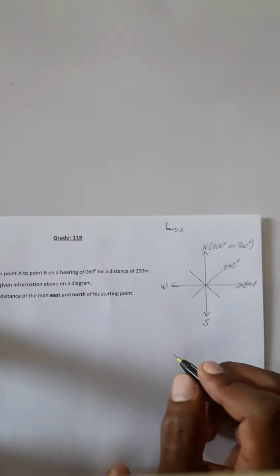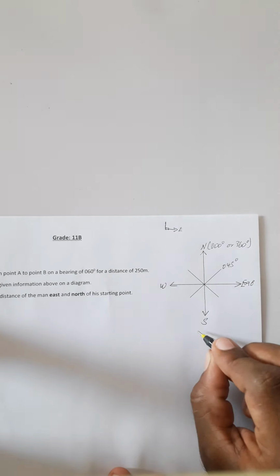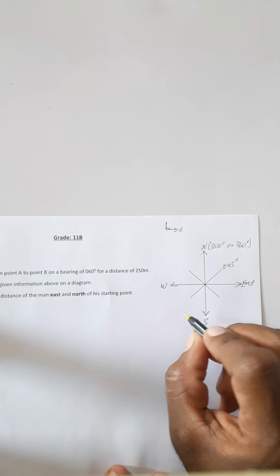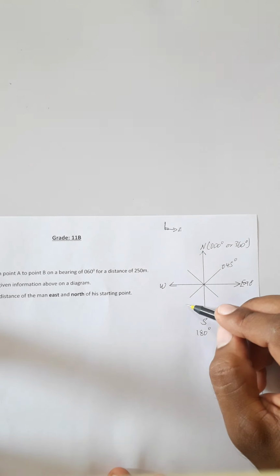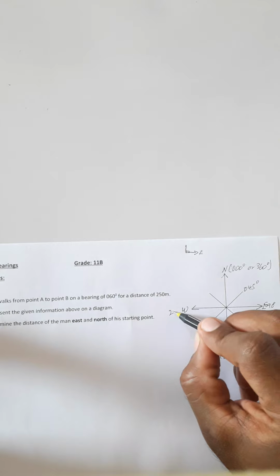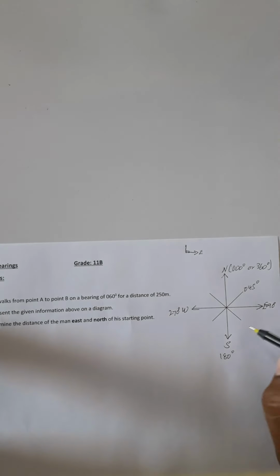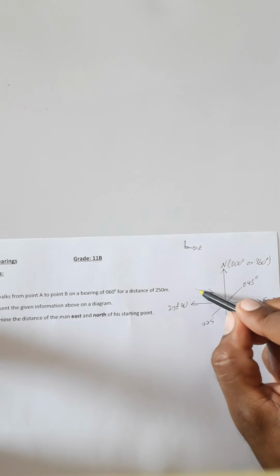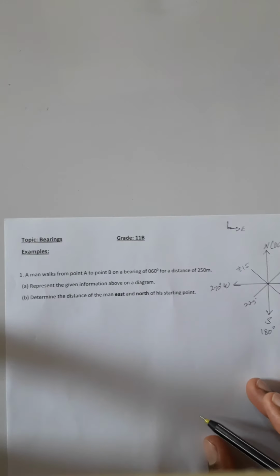So the south you'll have 180 degrees, and here's 270 degrees, and there should be 135, 225, and 315 degrees there. Good, so we'll use this diagram to help us sketch this one.